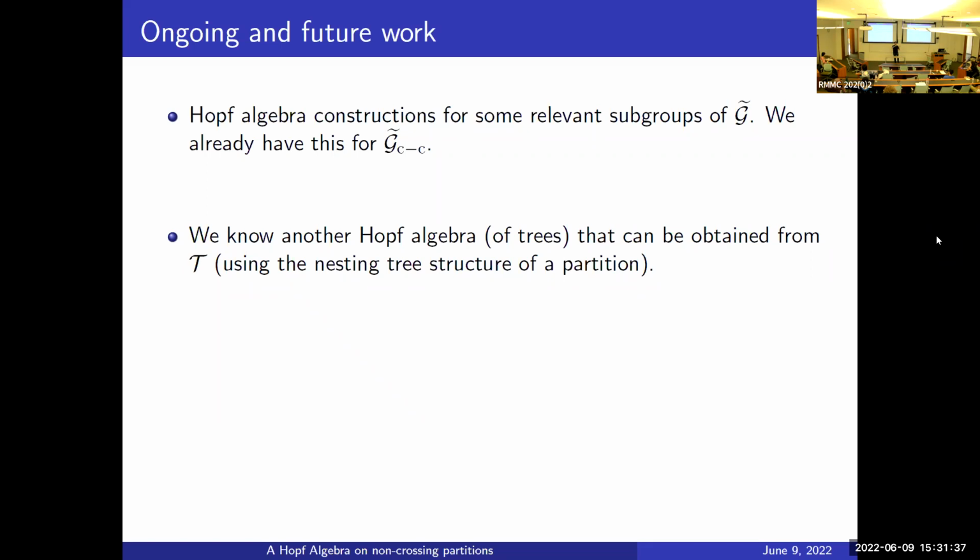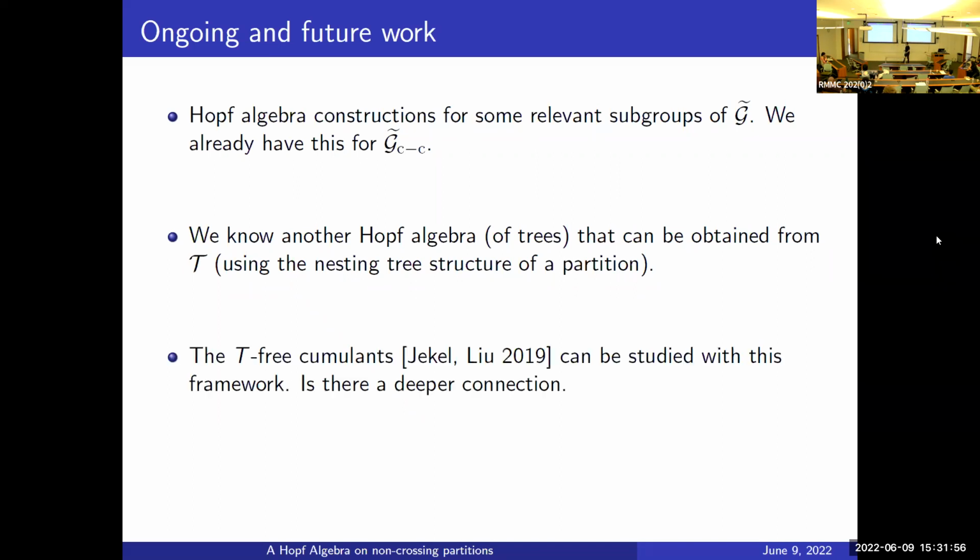You take a partition and reduce it to a tree, then study the tree, and you get some results. That also appears in transition formulas, and there's a very concrete way of saying why this is happening. So it's interesting to relate this T Hopf algebra to Hopf algebras of graphs, in particular trees.